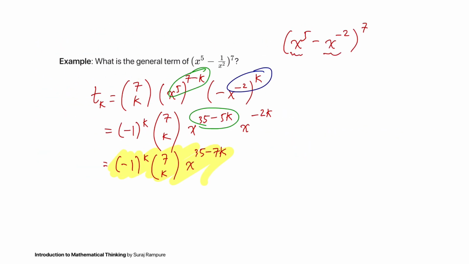So now I want to look at an example use case of this. Okay. Let's take a look. So again, we had (-1)^k, 7 choose k, x^(35-7k). So one potential question I could ask is, what's the coefficient of the term where it looks like x^14?